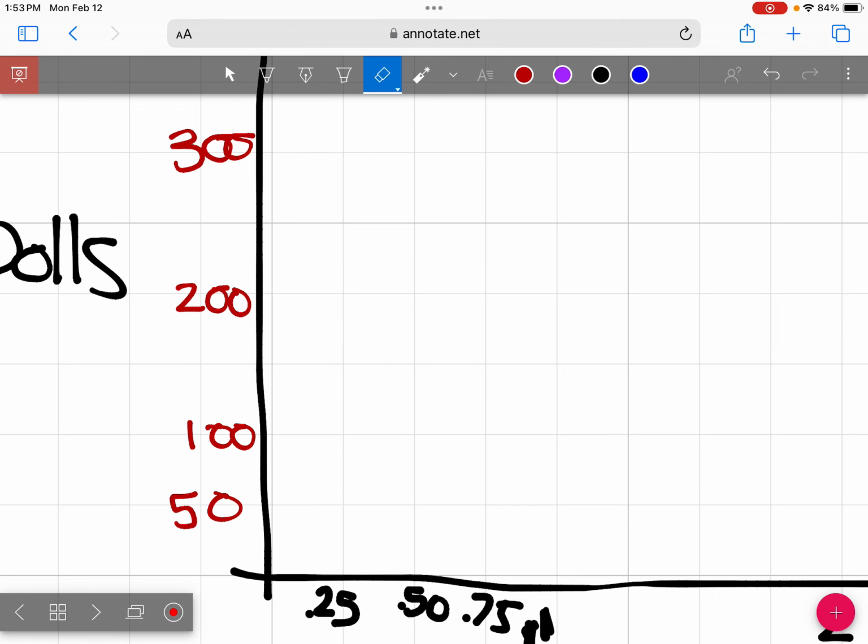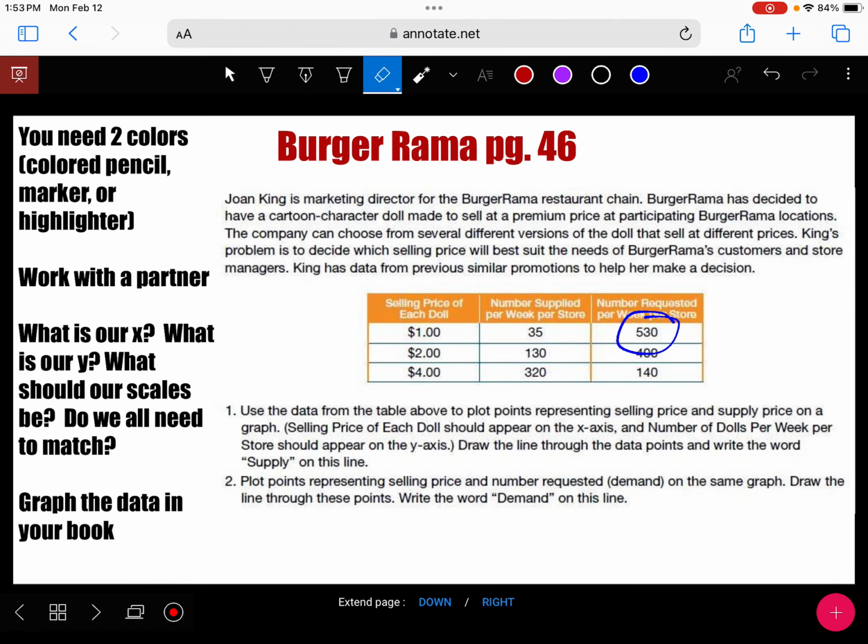So what we're going to do is we're going to take this table of information and we're going to graph our supply line. So what that means is I'm going to relate the number of dolls supplied per week per store. So the number of dolls they get versus the price. So these are my values.